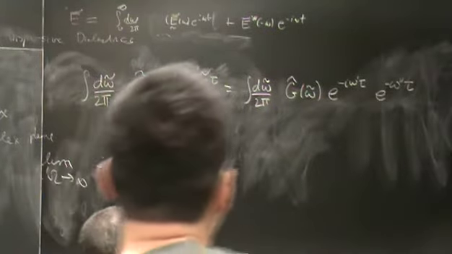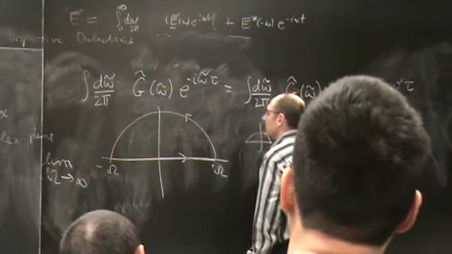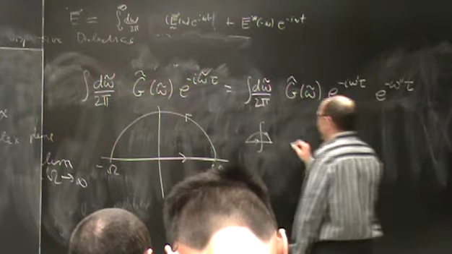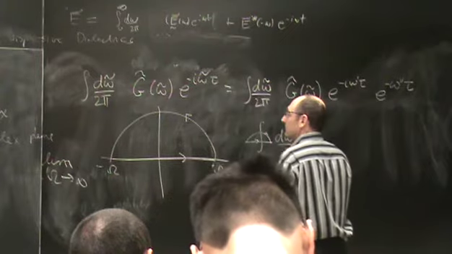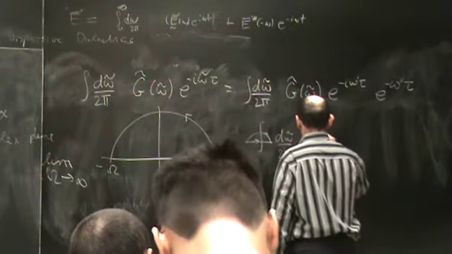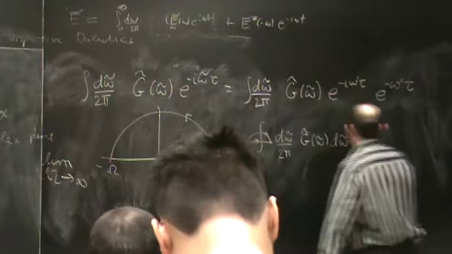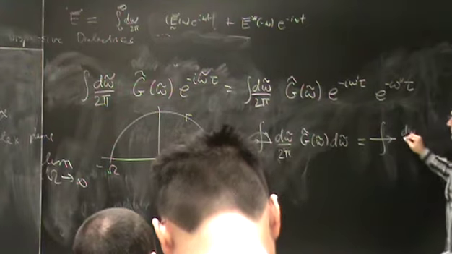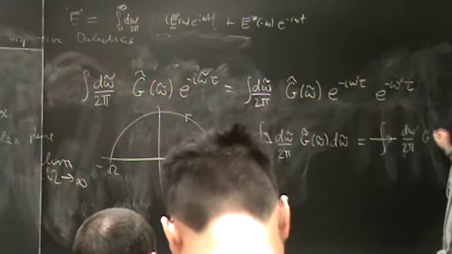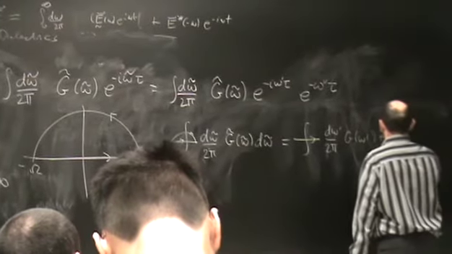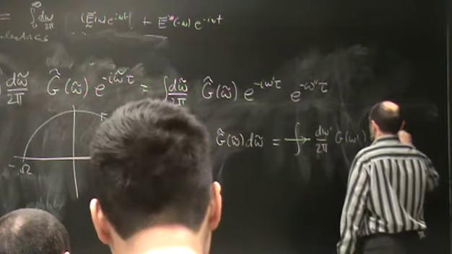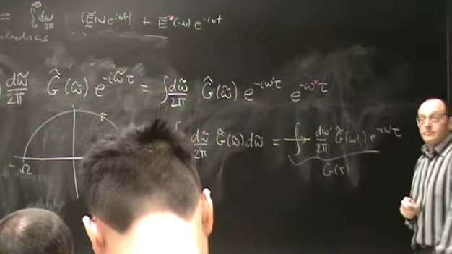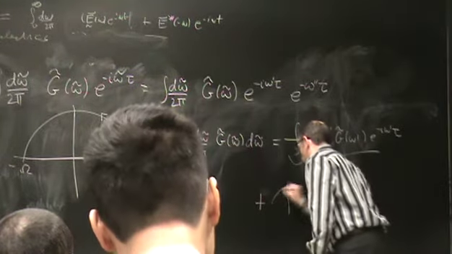Okay? So this contour integral, you've got to draw it that way, is equal to the integral over that part of the contour, that's the thing that is equal to g of t, plus the integral over that semicircle.